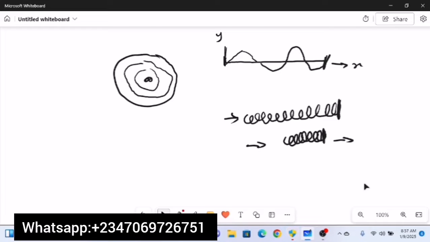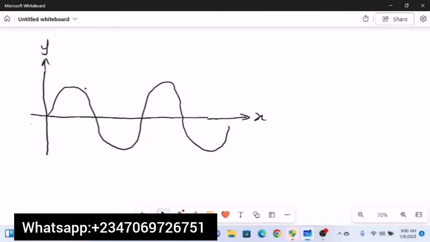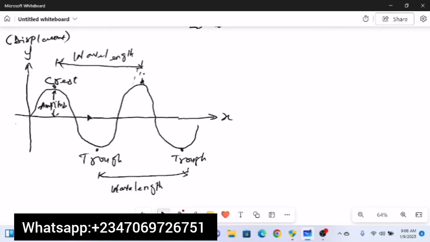Now let's take a look at the transverse wave. Using this waveform shown here, let's explain some terms that can be used in waves. Examining the transverse wave, we can deduce some terms which are frequently used in wave physics.